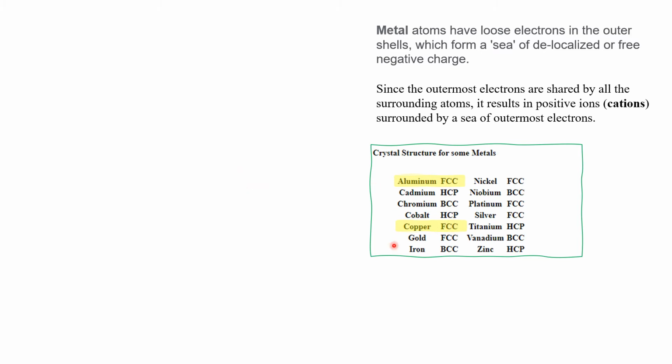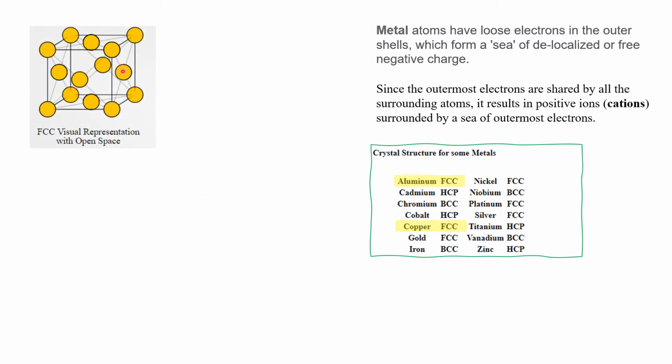We will try to learn more about that. This is the usual FCC structure, where in this cube you will observe that all the corners are aluminum atoms. In the same way here, 1, 2, 3, 4 are also aluminum atoms, and even the middle atoms are also aluminum atoms.